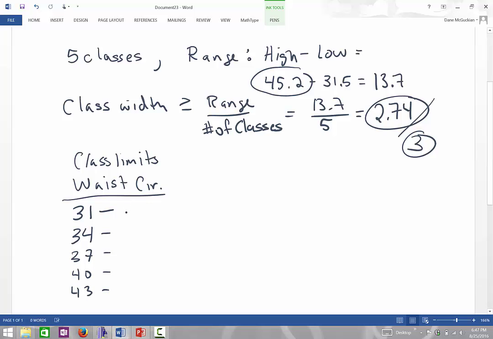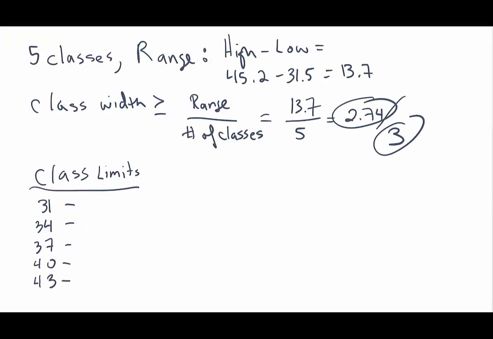Then on the other side, since we're working with class limits, we want to make sure that the upper limit here is not the same as the lower limit for the next class. So we can't use 34 because 34 would be the same as this lower limit. So what we're going to do instead is use something like 33.9, because that's right up against 34 without actually becoming 34.